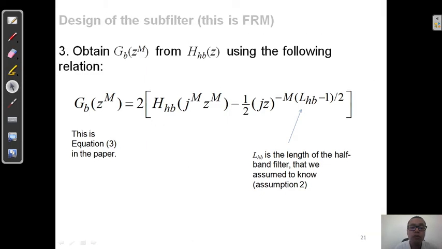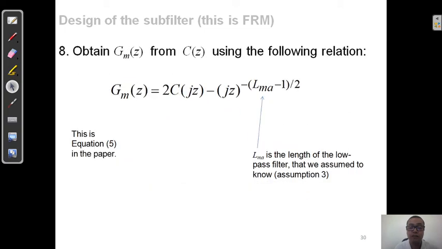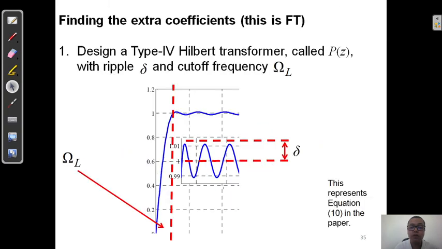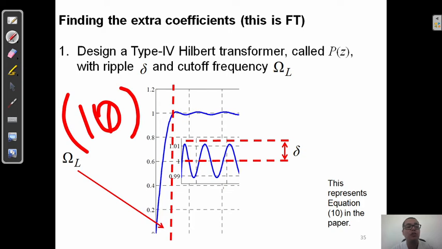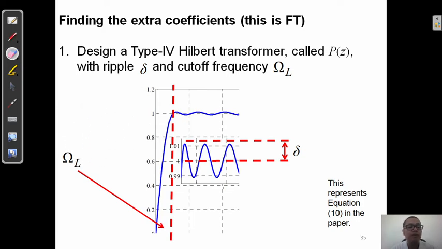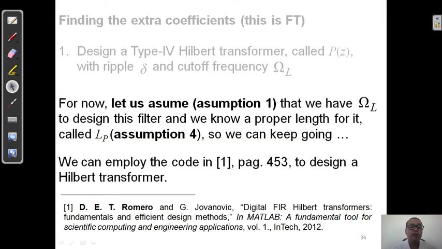With these two parameters we design P of Z. This is equation 10 in the paper. For now let us assume that we already know omega L to design this filter, and that we have a proper length for that filter.